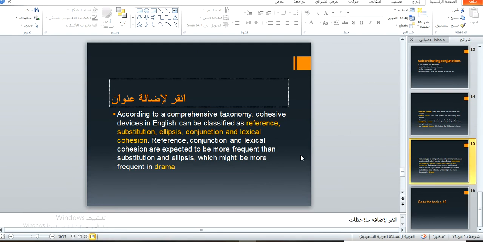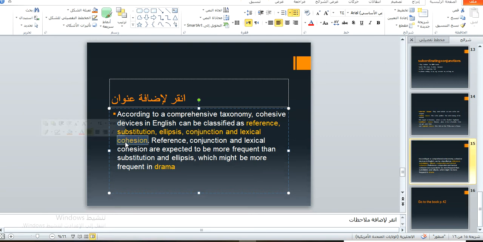According to a comprehensive taxonomy, cohesive devices in English can be classified as reference, and we have cataphoric reference and anaphoric reference. I'm sure that you have come across such concepts in linguistics courses. Substitution, instead of saying, for example, Ahmad huwa or Ahmad he, ellipsis, حذف, conjunction, and lexical cohesion.